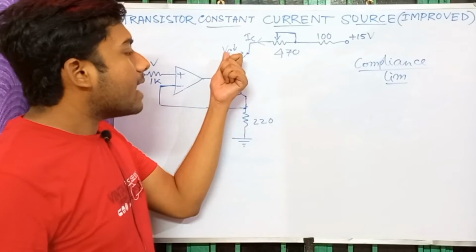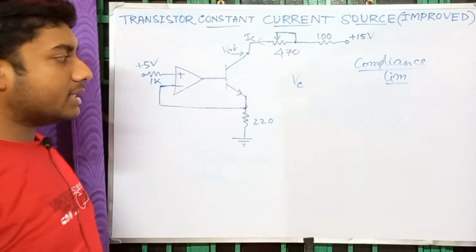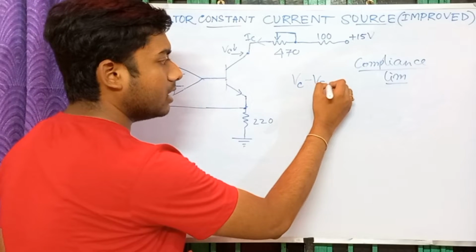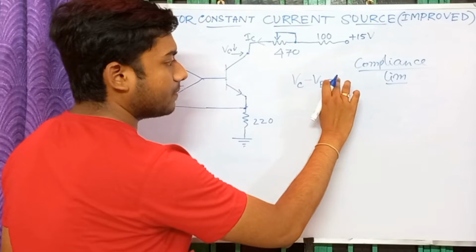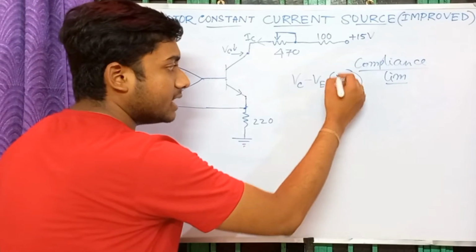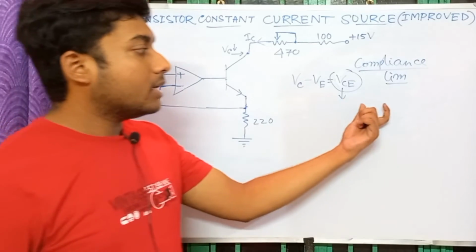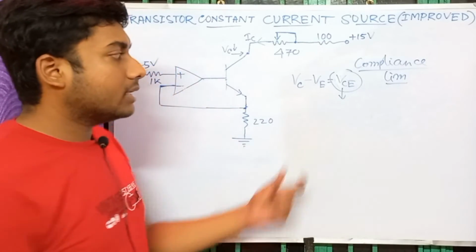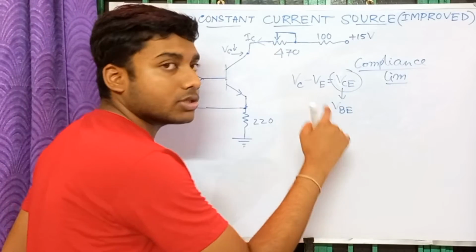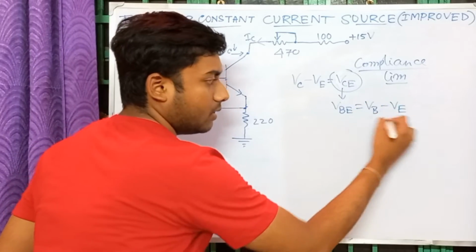But there is another trick here, and that is VC is changing. That means VC minus VE, that is called VCE, will change, and as a consequence, due to the early effect, VBE will also change.